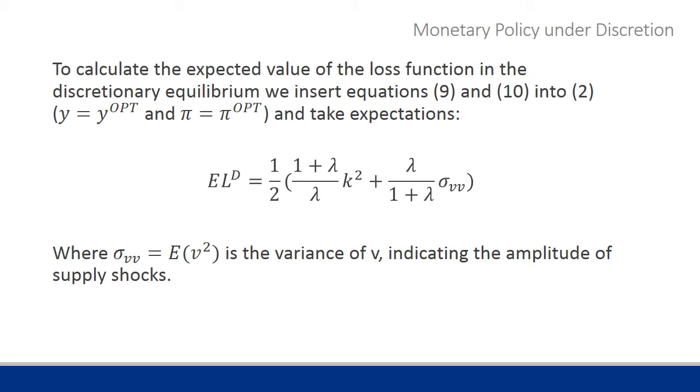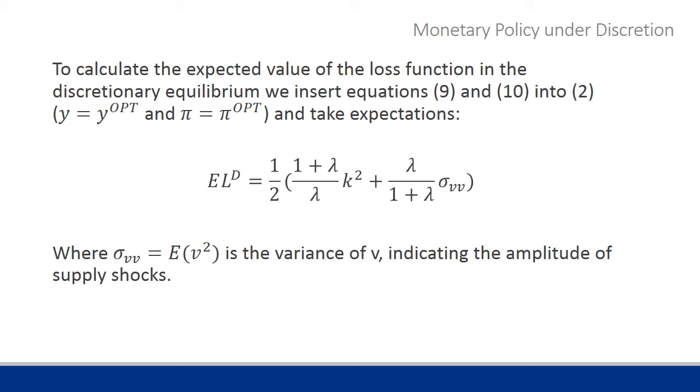Now we can calculate the value of the expected loss under discretion by using equations 9 and 10, our solutions, and putting them into the loss function, equation 2. We're replacing output in the loss function by optimal y under rational expectations and optimal pi under rational expectations.